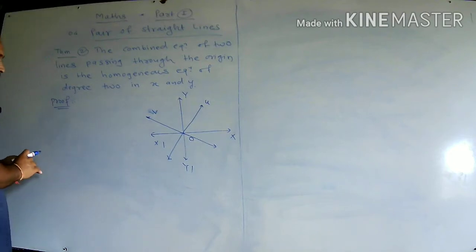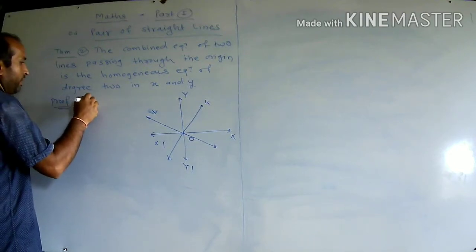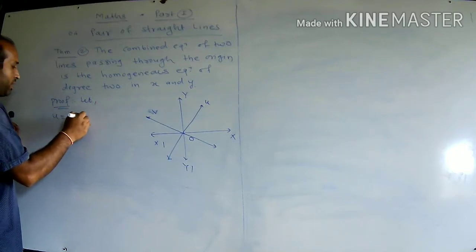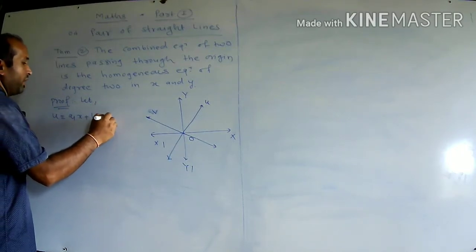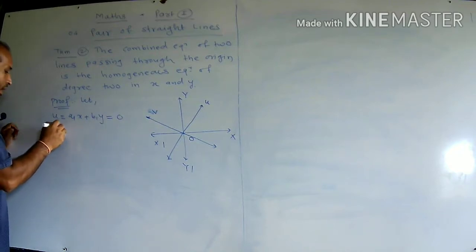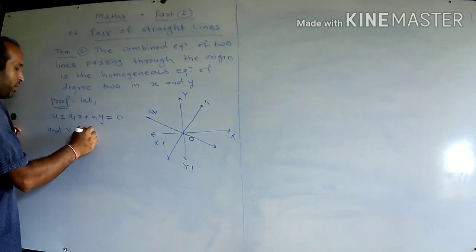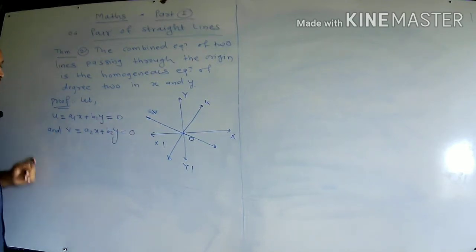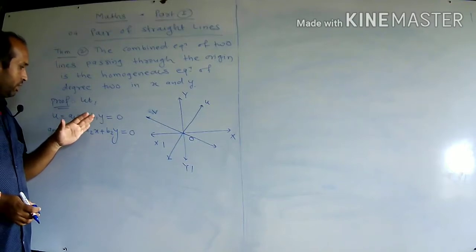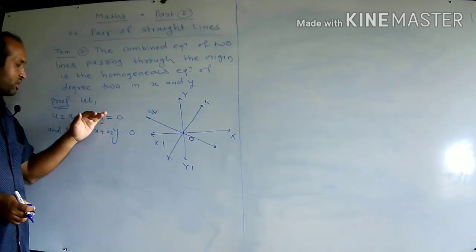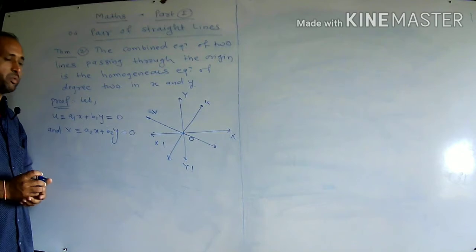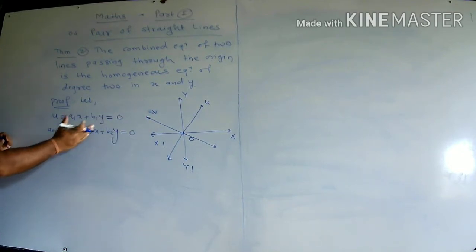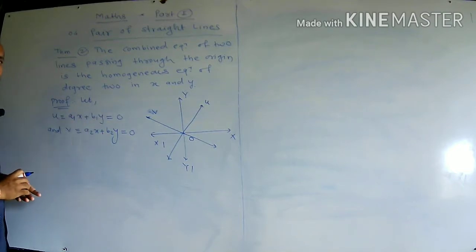So consider their equations. Let u stand for a1x plus b1y equal to 0 and v stand for a2x plus b2y equal to 0. Here in both these equations the constant term is absent, c1 and c2 are absent, that means these lines pass through the origin. Then we require the joint equation of these two lines.